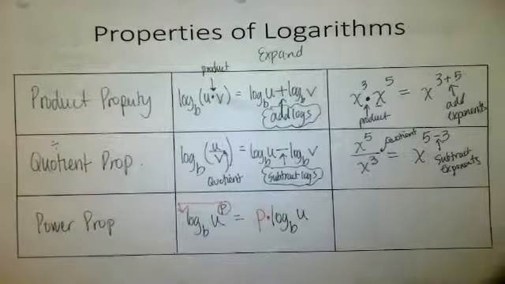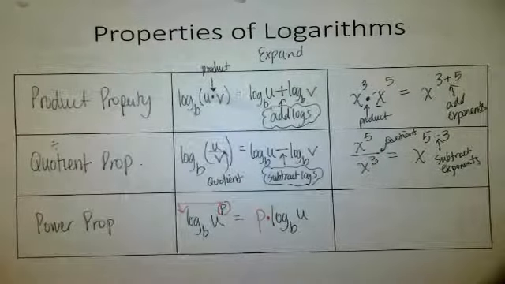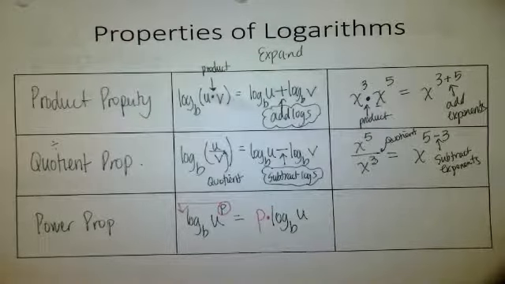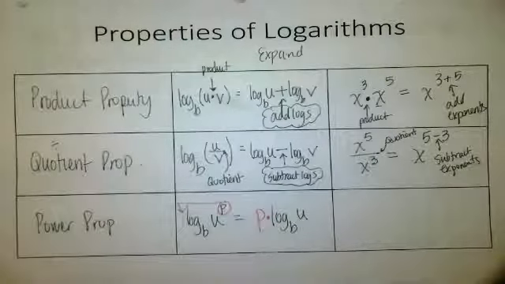So the power just gets to relocate to the front of the line, which is kind of nice. I'm not going to talk about how that's related to exponents, but it is.